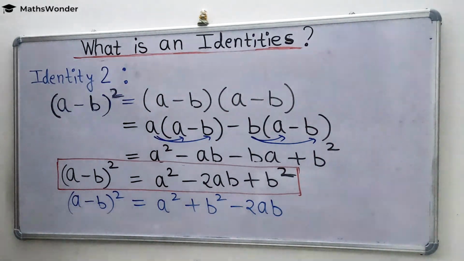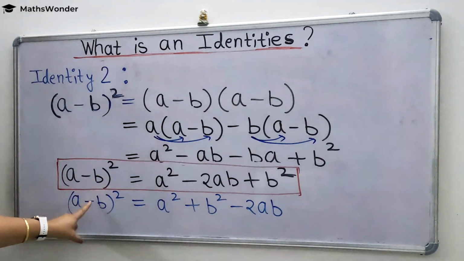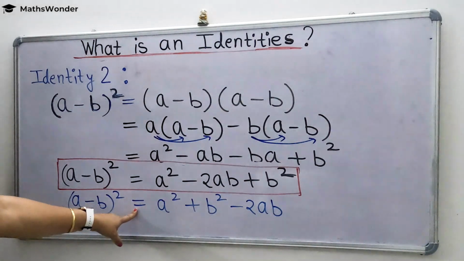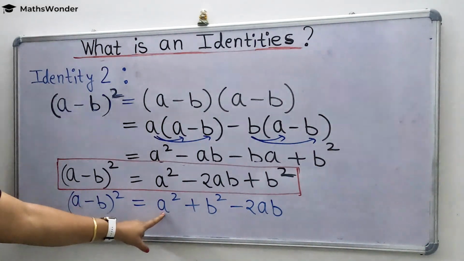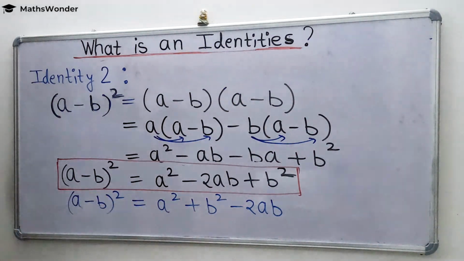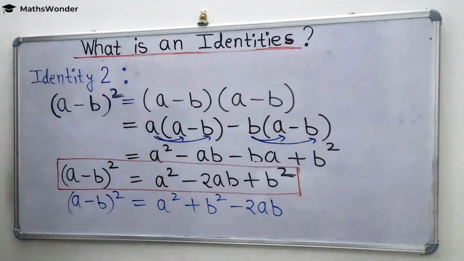If you want to understand the detail of this, how will you write it? Square of the difference of two terms is equal to square of the first term plus square of the second term minus 2 times first term times second term.